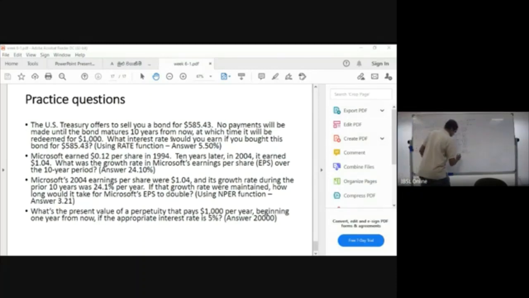24.1%. Do you get the answer? So the calculation for this is question number 2. And question number 1 is identical.